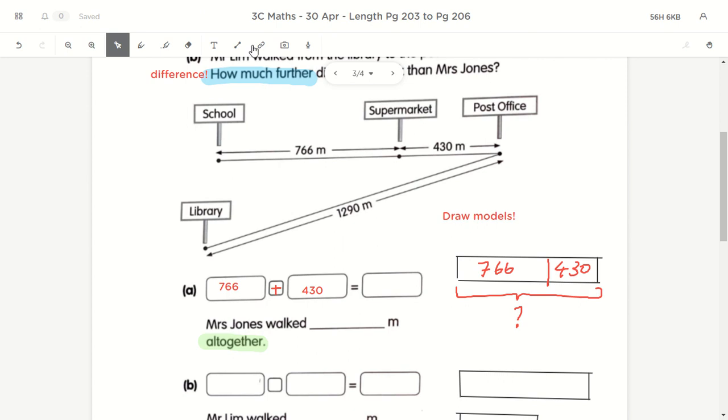Let's work it out. Okay, so you get 1196. So Mrs. Jones walked 1196 meters altogether.